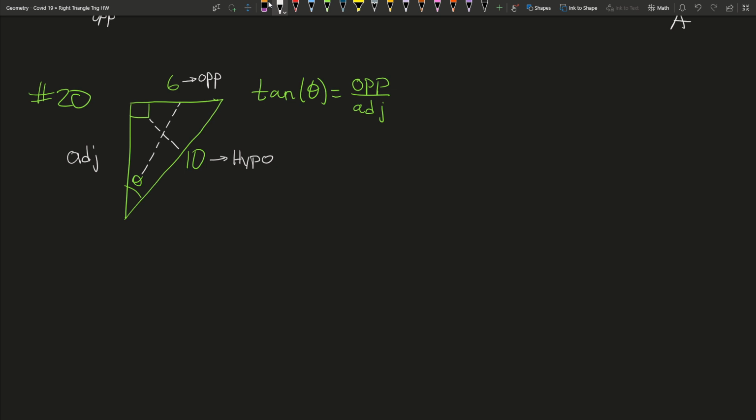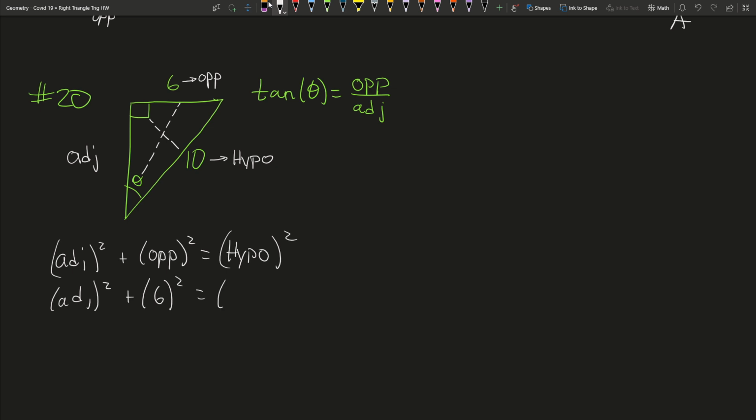In order to find that, we set up our Pythagorean theorem. Substitute in what we know, and then start to simplify.